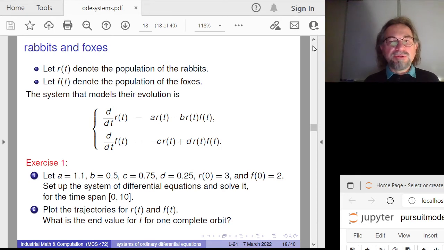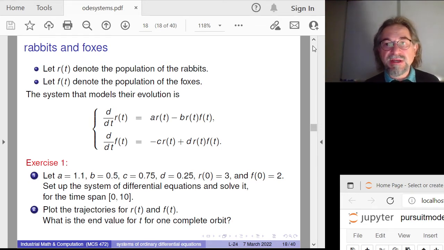The coefficient in the first equation for the rabbit population is negative, as mostly an encounter between a rabbit and a fox is not ending well for the rabbit, but it's ending well for the fox. So the fox population increases as a consequence of the encounter with a rabbit. So the exercise is to solve the system of differential equations and plot it.